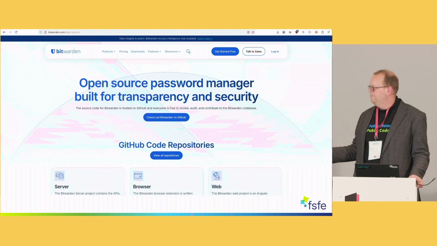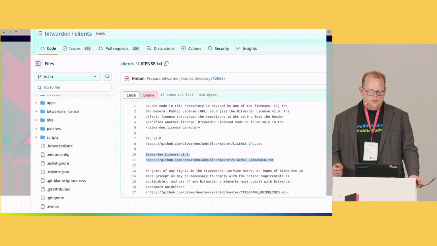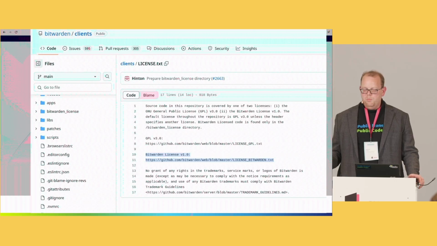They are very outspoken about it being open source, but if you look at the repository, you find that one part of it is under the Bitwarden license, which is not a free software license, so it's proprietary, and this makes it open washing, I would say.